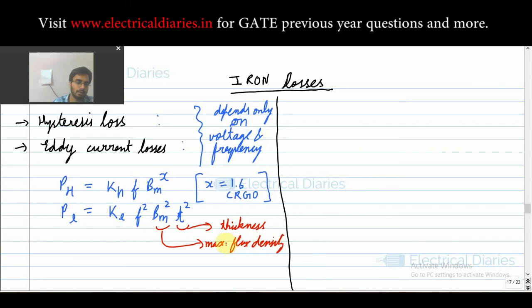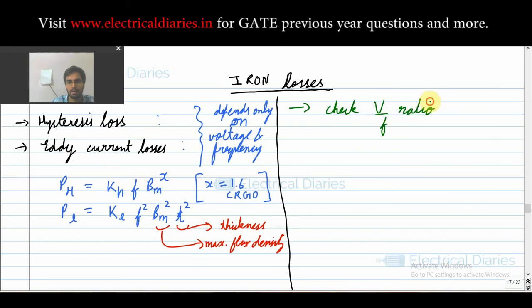Now in any question on hysteresis and eddy current losses, you need to identify a few things. In any question you first have to check the V by f ratio.